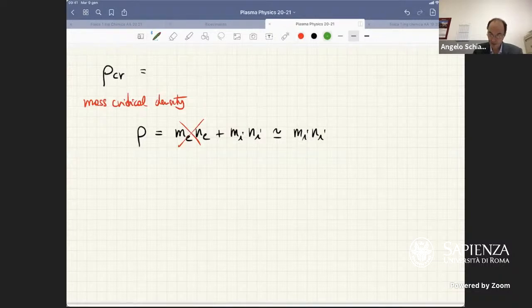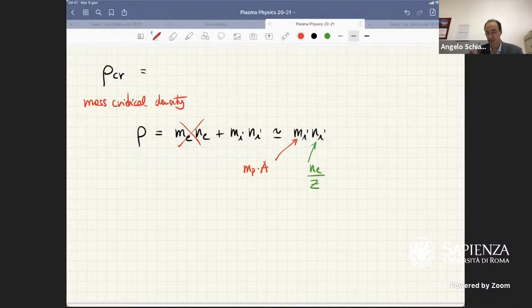We can express the number of the ions as the number of the electrons divided by the ionization stage, and the mass of the ion can be expressed as the mass of the proton times the A number, the mass number of the ion.